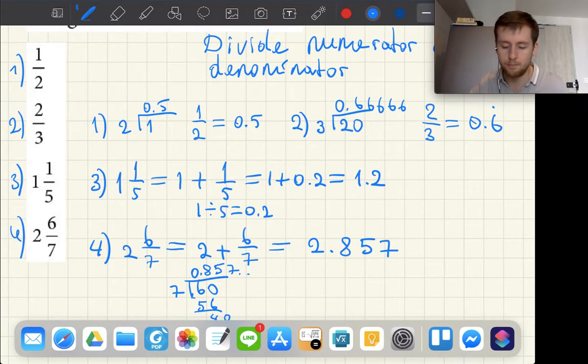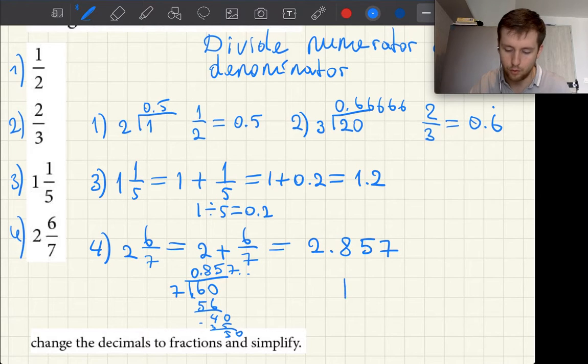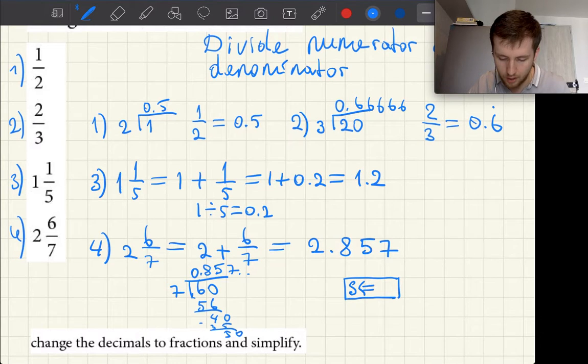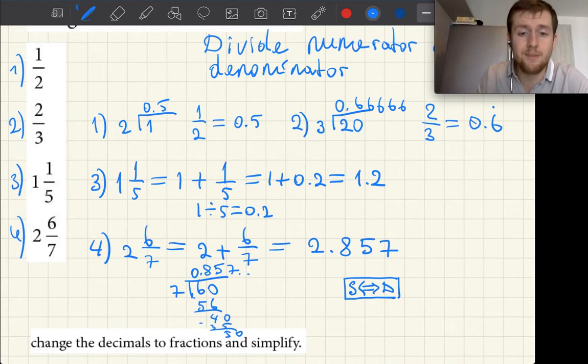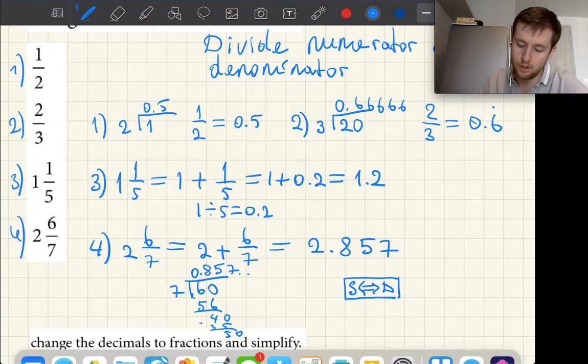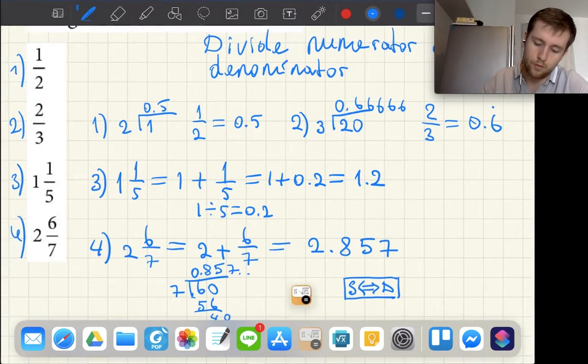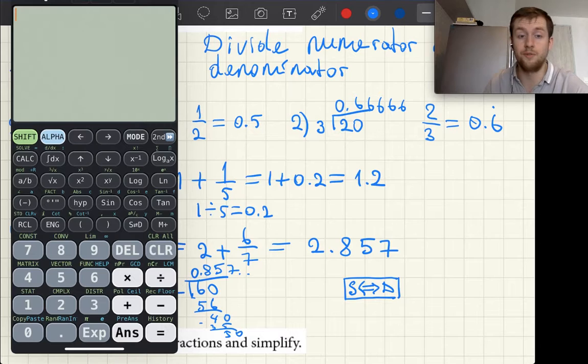Okay, just a small trick which you maybe already thought about. On your calculator there's a button which normally looks like this. There's S, then there's a double-sided arrow, and then there's D. This is a very important button which allows you to convert fractions to decimals and decimals to fractions. So yeah, quite useful. 2 and 6 over 7, so let's write it.